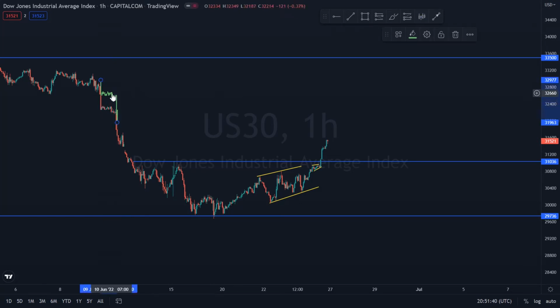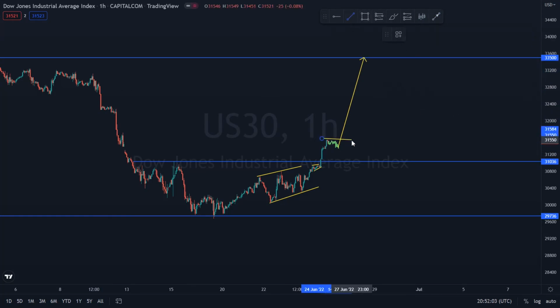Form some of these tight flags, then we get a push up. So we're waiting to see if we get this tight flag formation to play out.